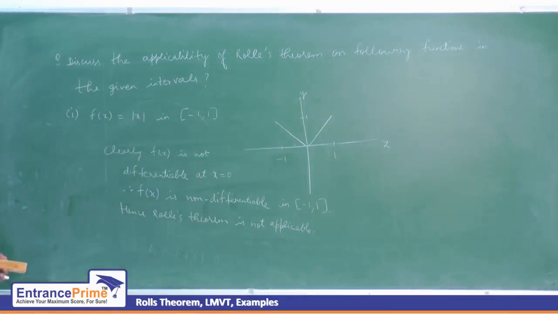So the second condition is not satisfied here, so we cannot apply Rolle's theorem to this function in the interval minus 1 to 1. Let's take the next example.